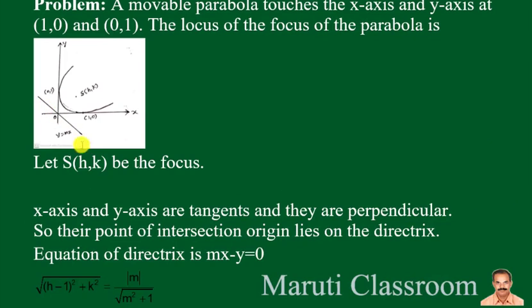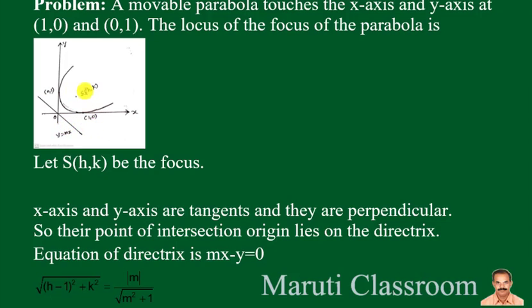So any line passing through the origin is in the form y equal mx, or mx minus y equal 0. So the directrix equation is mx minus y equal 0. The parabola touches the x-axis at (1, 0), meaning (1, 0) is the point of contact, so (1, 0) lies on the parabola. In the same way (0, 1) also lies on the parabola. Any point on the parabola is equidistant from the focus and directrix.